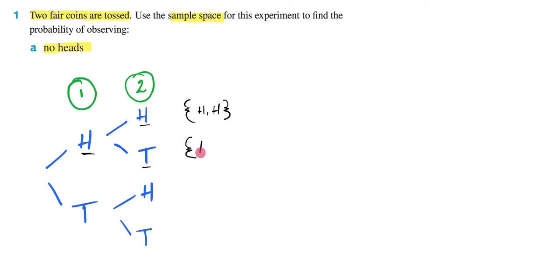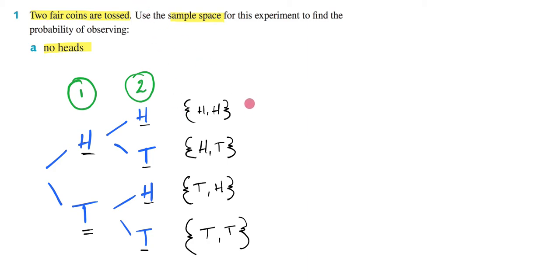I could then get a tail and a head. Or then I could get a tail and a tail. So I'm just listing out all the elements of my sample space. And as you can see here, I have 1, 2, 3, 4 options.